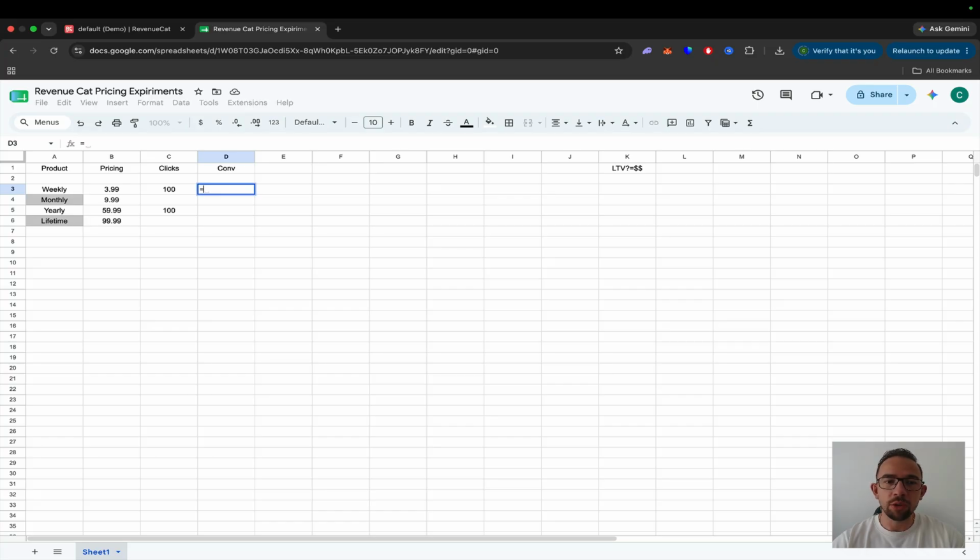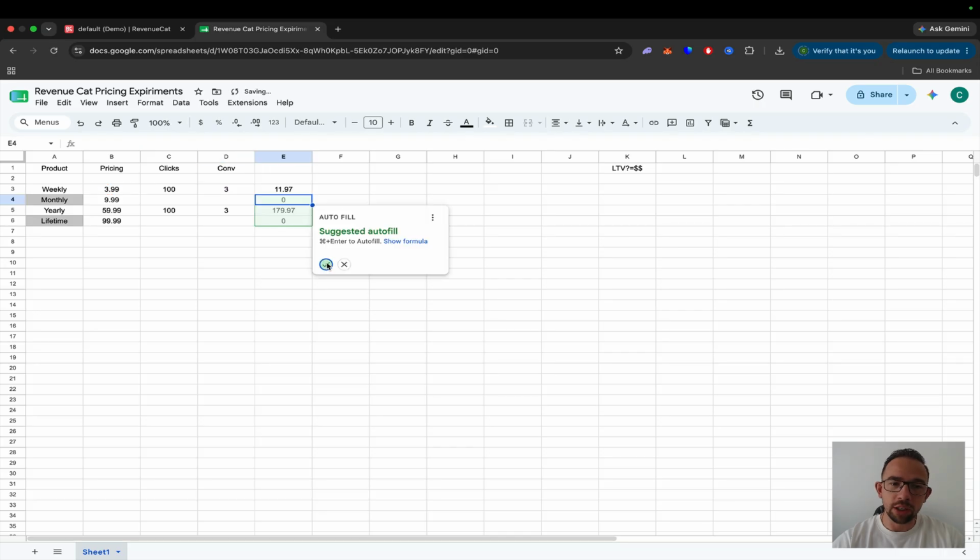Now let's assume that we're working with a 3% conversion rate, right? So that's 0.03. Then we get 3 conversions, and we will get 3 conversions here. Now, what does that mean for the pricing? So the revenue in this case would be $11, and here it would be about $180. So this is ARR, and this is weekly recurring revenue, right?